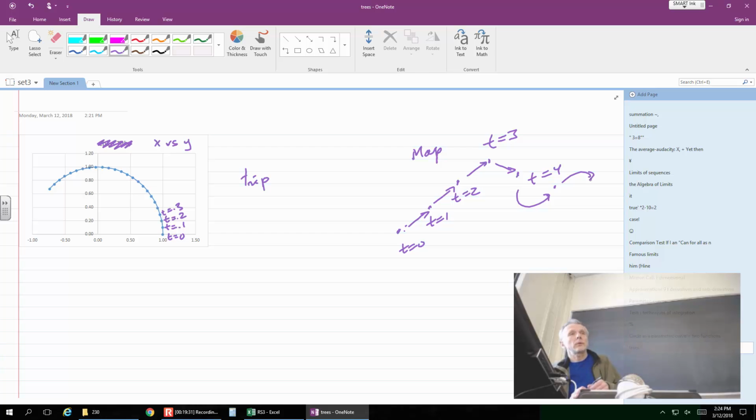You label. Okay, so you label when. In addition to where, those dots are where, you put a label on it to say when. So that makes three variables. Okay, so that's the basic thing about trig, the circle.